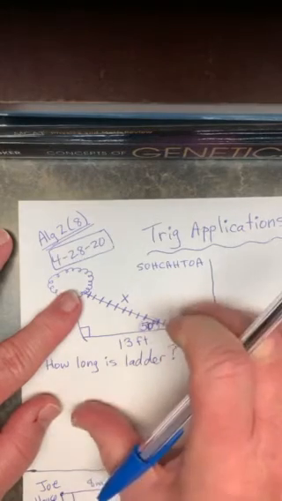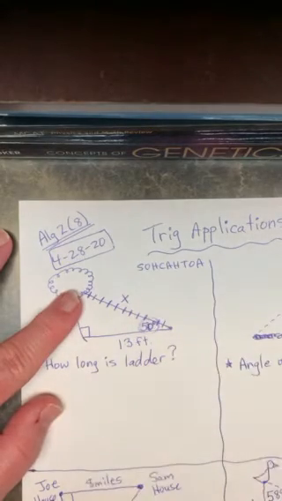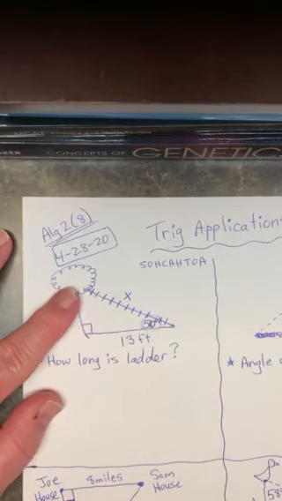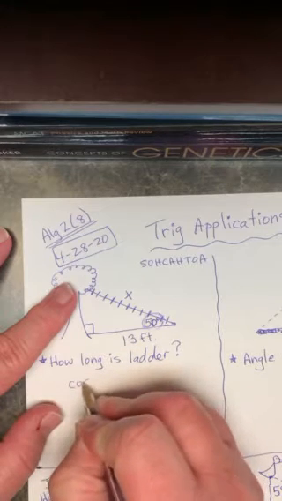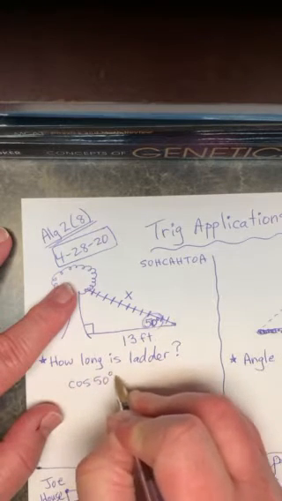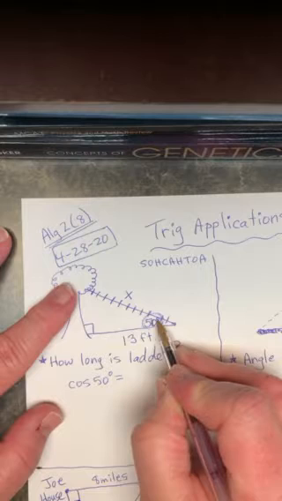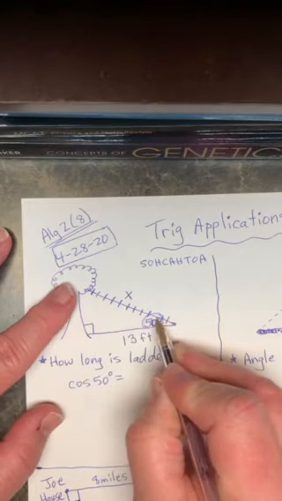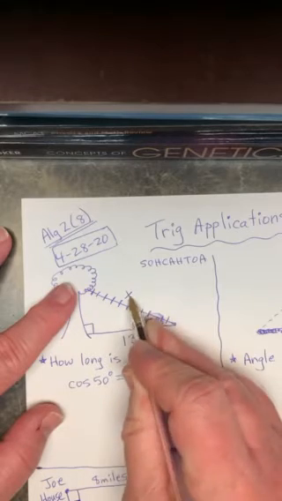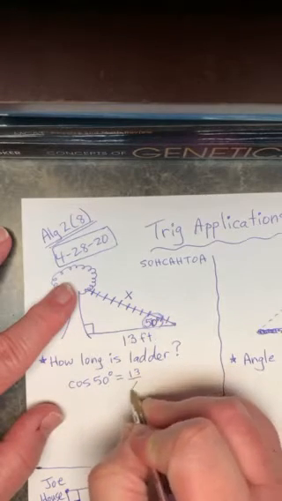Think with me on these. Don't just copy stuff down. You got to think your way through these when you try them for homework. So guys, I'm going right here to my reference angle. We're going to write the cosine of 50 degrees equals... And you got to go adjacent over hypotenuse, right? Follow the bouncing pen. Adjacent over hypotenuse, 13 over x.